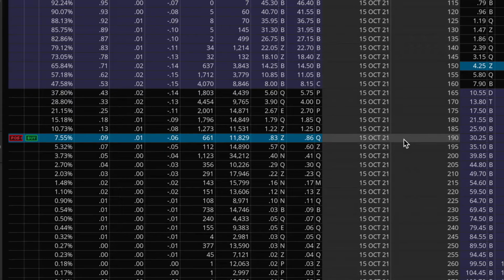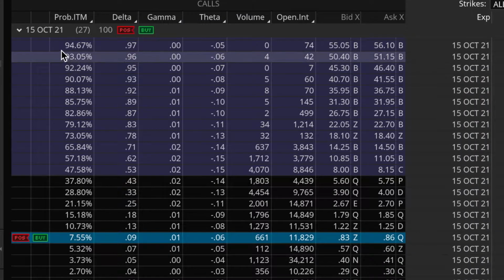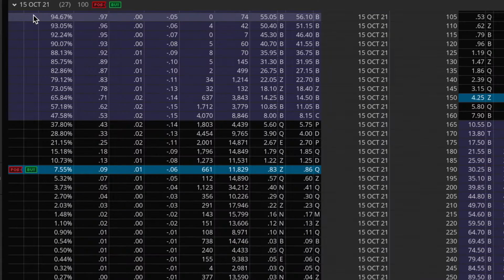So if Alibaba does have a massive explosion to the upside and it blows through my call strike, but I buy the shares right around 190, then let's say by October 15th, the expiration day, this stock ends up all the way to 220. In this scenario, it's no big deal, right? Because I will have purchased the shares right around 190 ahead of time, and now I'll have to sell them at 190 once again.